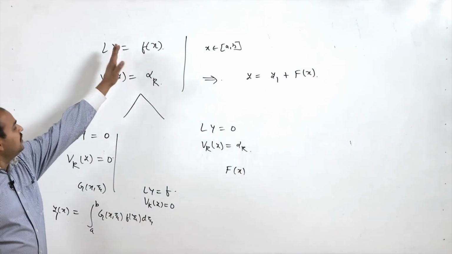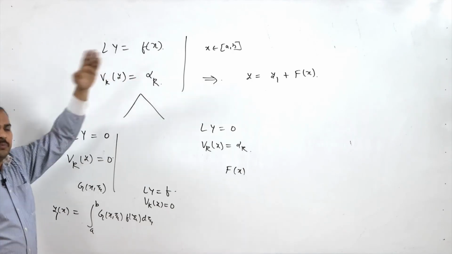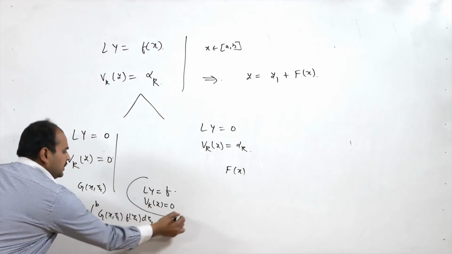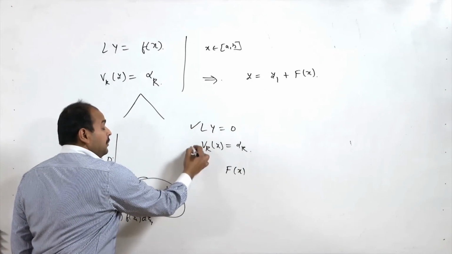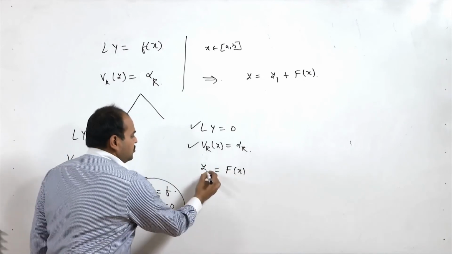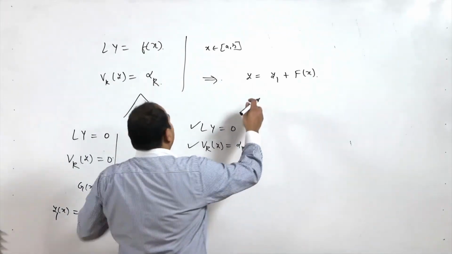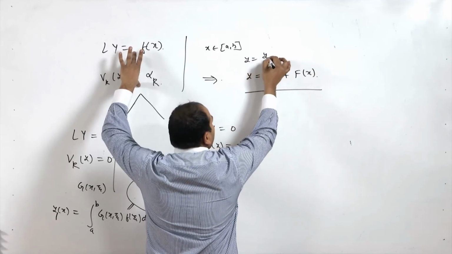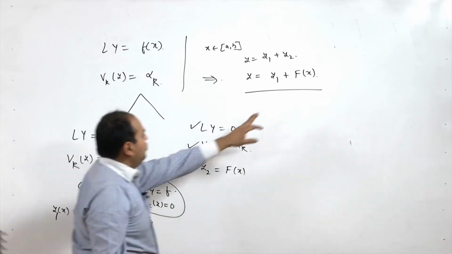So the solution of the non-homogeneous problem with non-homogeneous boundary conditions can be given as follows: you find the solution of the problem with homogeneous boundary conditions like this, and the solution of the homogeneous equation with non-homogeneous conditions, which is given by y2 equal to f of x. The solution of the original problem is y equal to y1 plus y2, where y1 is given by this and y2 is given by this.